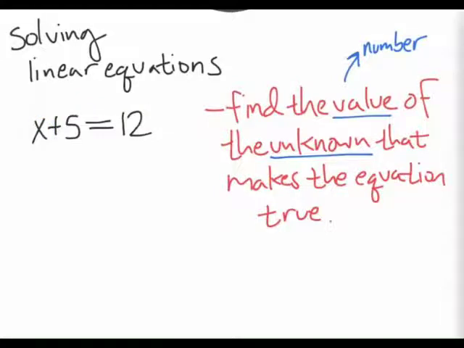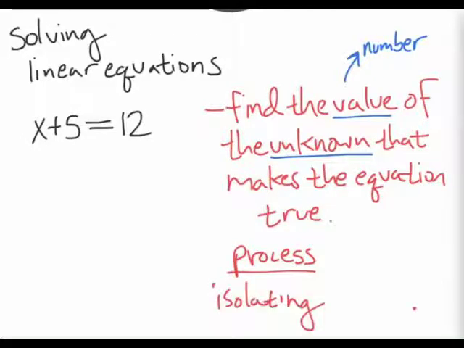Now in middle school, you began to learn a process to solve linear equations. And this process involves isolating the unknown. Now, in order to isolate the unknown, in this case x here, we have to look at everything on the same side of the equation, in this case the 5 here, and we have to figure out a way to move it to the other side of the equation.